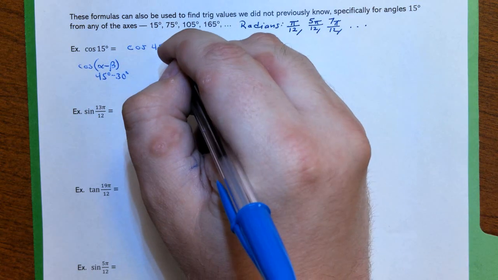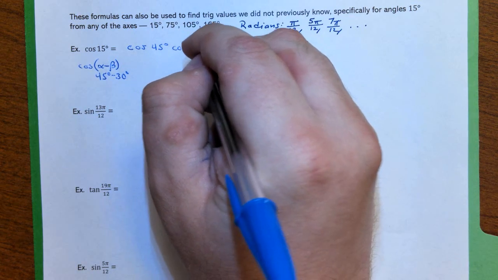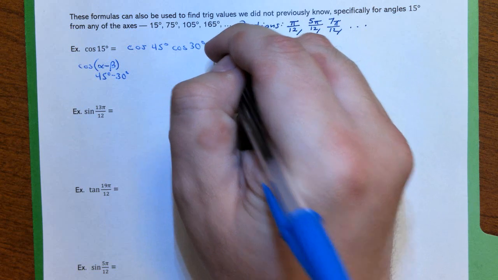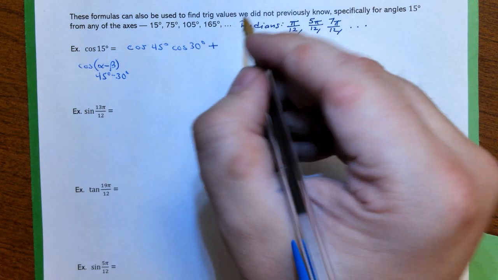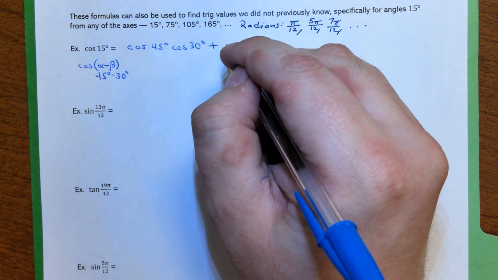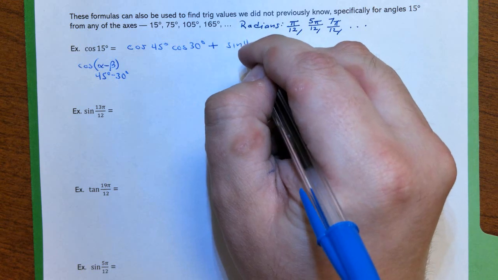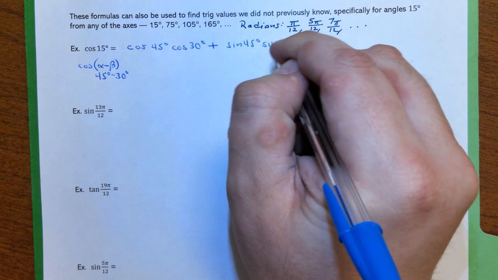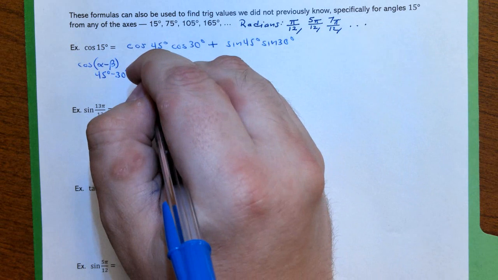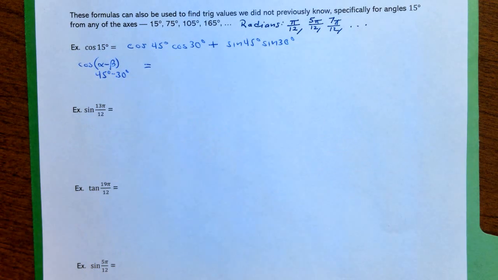So cosine 45, cosine 30, plus, because I'm remembering my cosine difference formula, sine 45, sine 30. What does this come out to be?